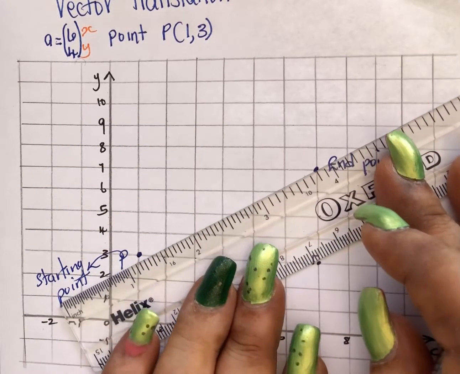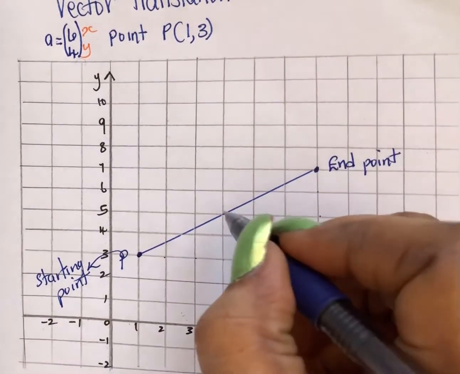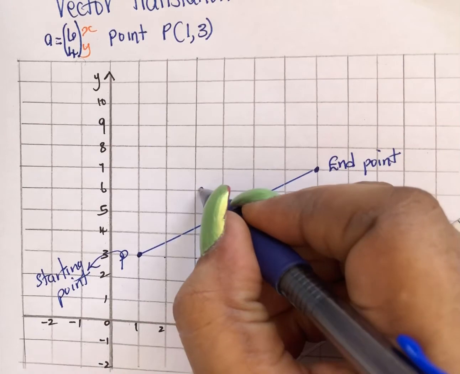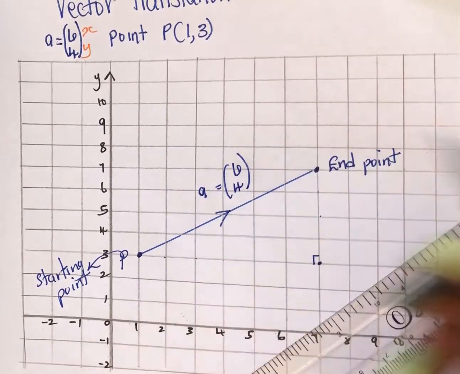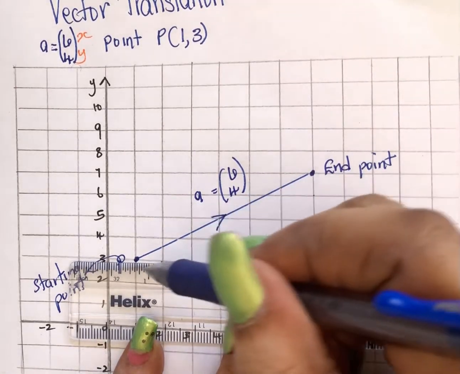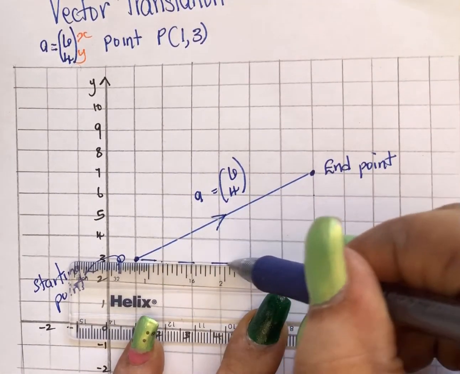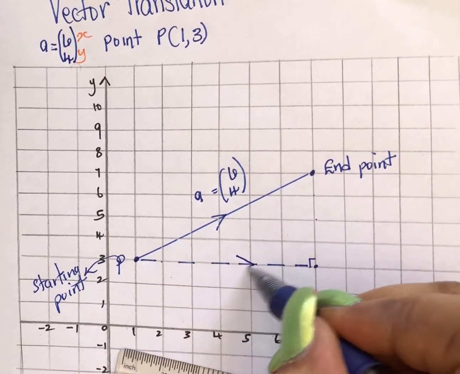My starting point to my end point, and the vector I used is A, (6, 4). But to make that journey, I followed some steps. I went to the right where I made 6 moves.